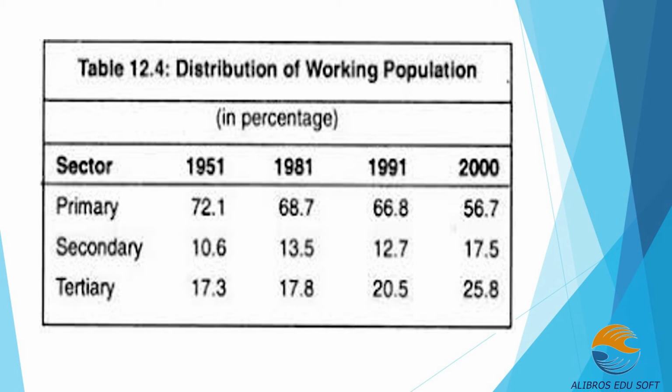So in the tertiary sector we can see a gradual increase from 17.3 to 25.8 in 2000, whereas in the primary sector we see a gradual decrease, and in the secondary sector we see an increase as well as a decrease.